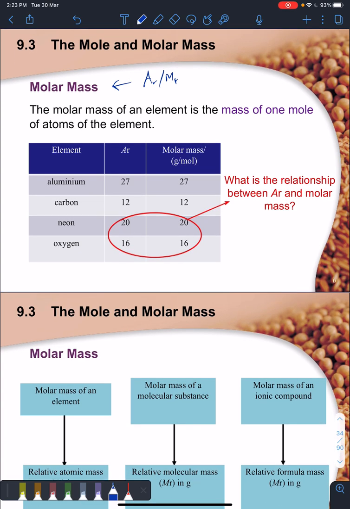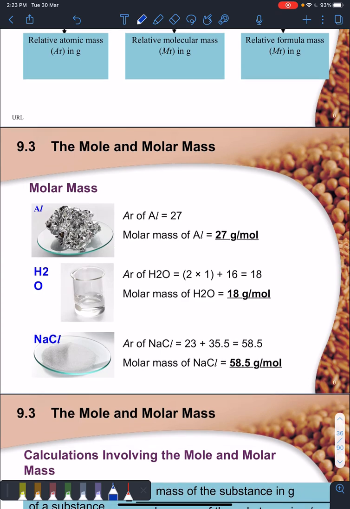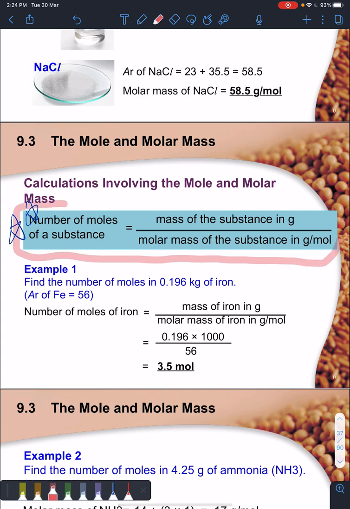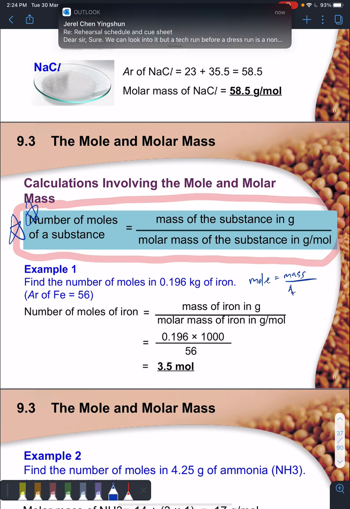And from this you can see the AR is 27, whereas the molar mass is 27 gram per mole. So the relationship to come out of this is actually this. So please note down this formula, where mole equal to mass over AR or MR.